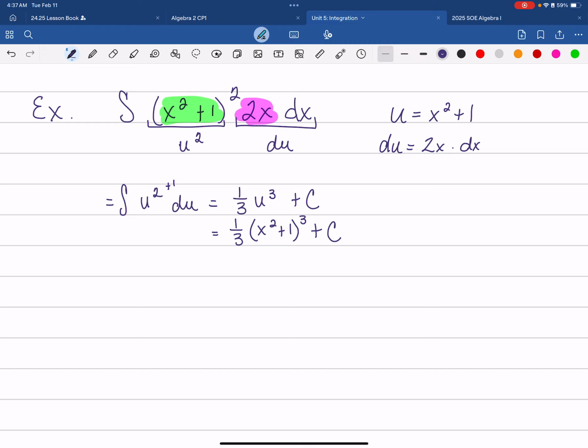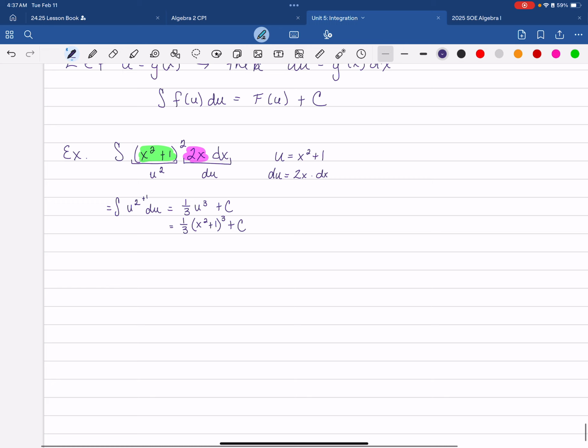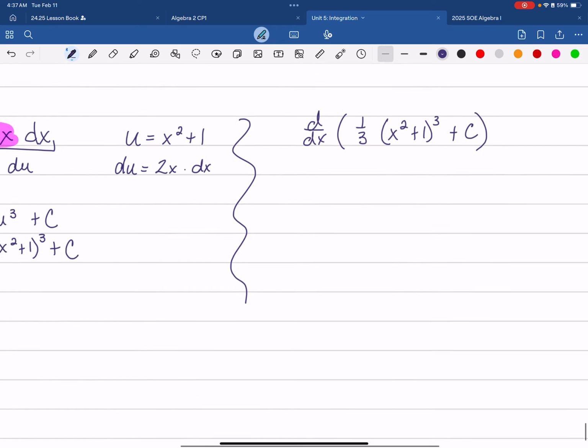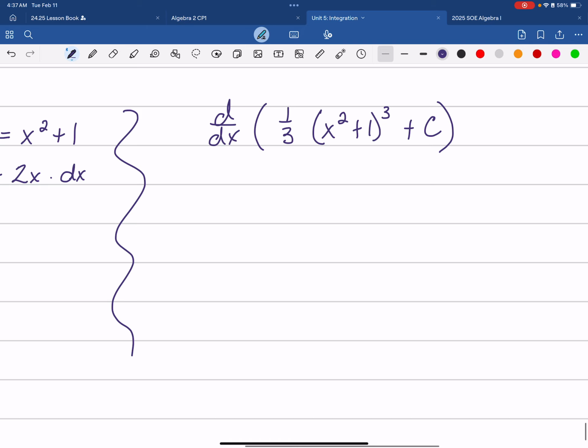Let's just prove that this works, and you don't have to do this every time, obviously, but since this is our first time going through one of these, let's show it. If I take the derivative of 1/3 (x squared plus 1) to the third plus c, I'm going to use my chain rule.